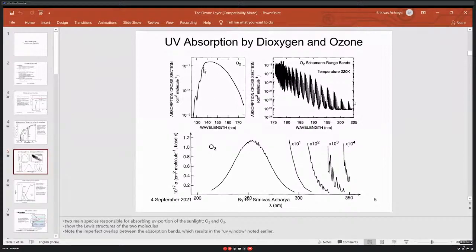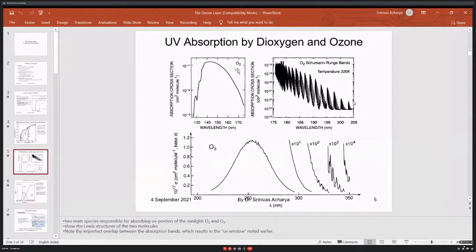The peak is here. This is the absorption peak, and this absorption peak is in the very intense UV region. Means very high energetic radiation is absorbed by this diatomic oxygen, or you can say oxygen molecule.